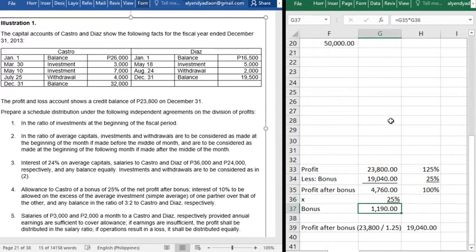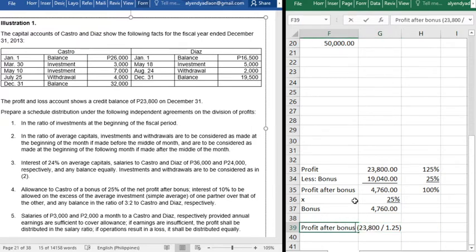Oh, sorry. Let us compute it again. 23,800 divided by 1.25, and then we will have to multiply by 25%. Okay? So again, 23,800.